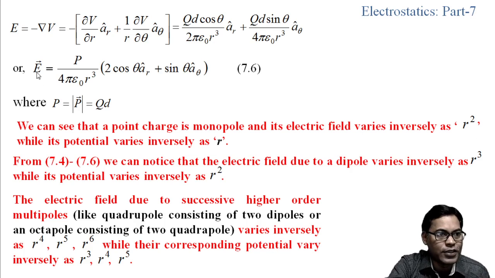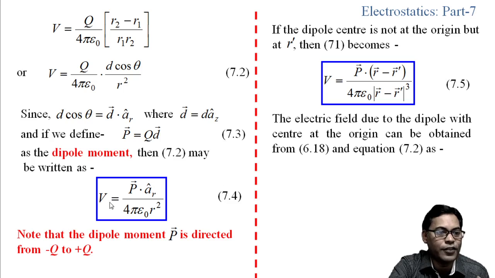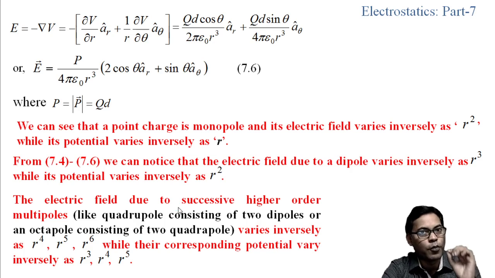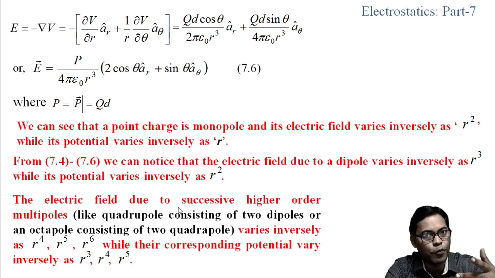So you see that here E varies as 1 by r cube, but the potential V varies as 1 by r square. So if from the monopole we move to the dipole, the power of r will increase by 1.